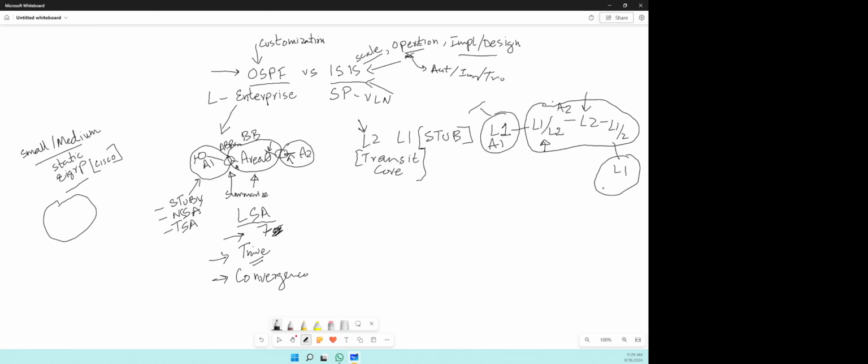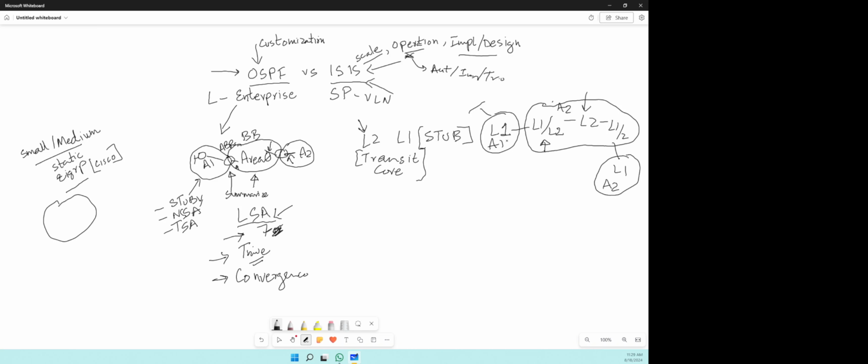And again, areas are only required when you need to do something or prevent flooding of your information, like in OSPF, the flooding is happening in the areas and then across the areas if the ABRs are configured that way.